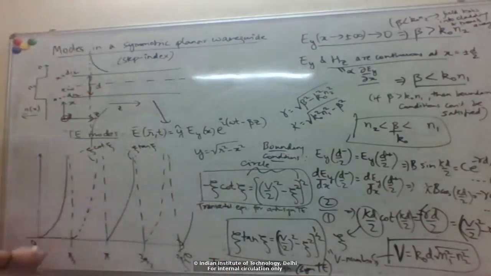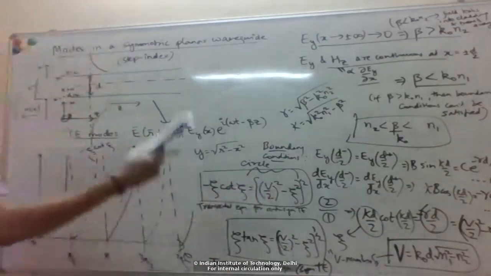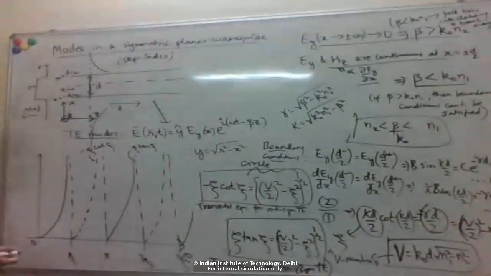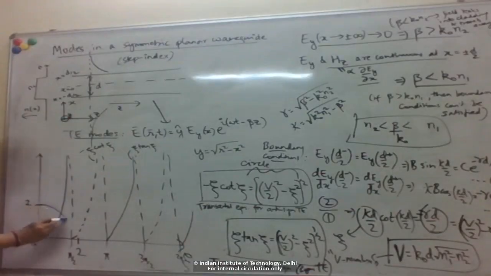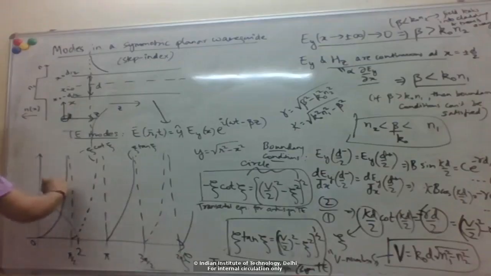The right hand side, as I said, is a circle, with V by 2 as the radius. If I take V by 2 equal to 2, pi by 2 is like 1.57, so 2 is somewhere here. That's a circle of radius 2, so I draw it like that. This is for V by 2 equal to 2, or V equal to 4.